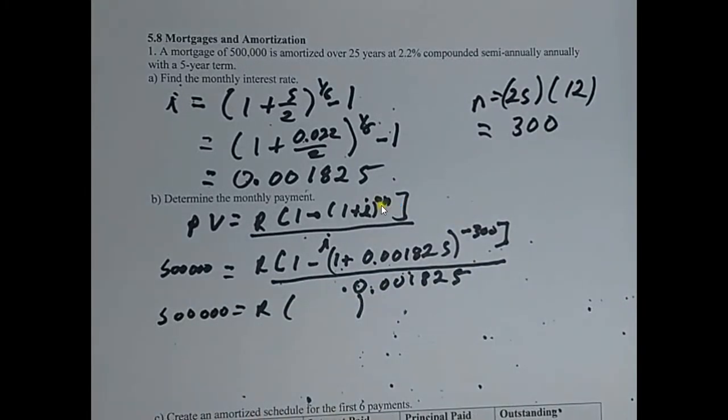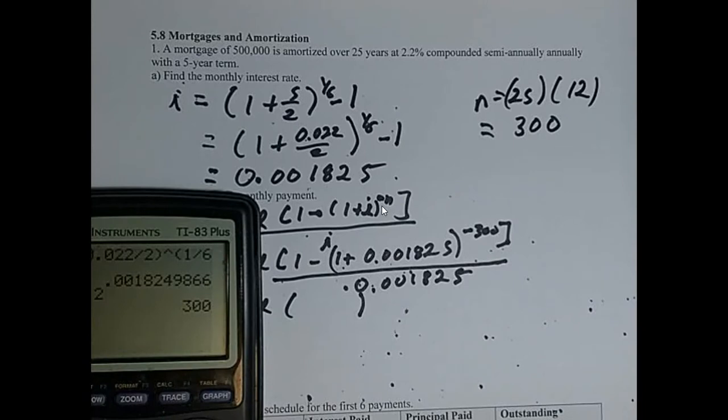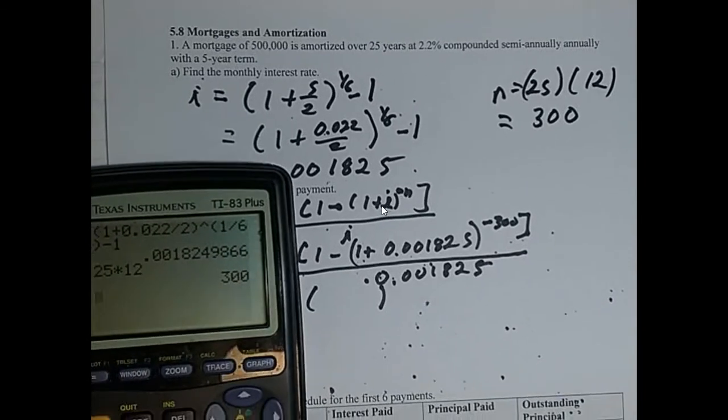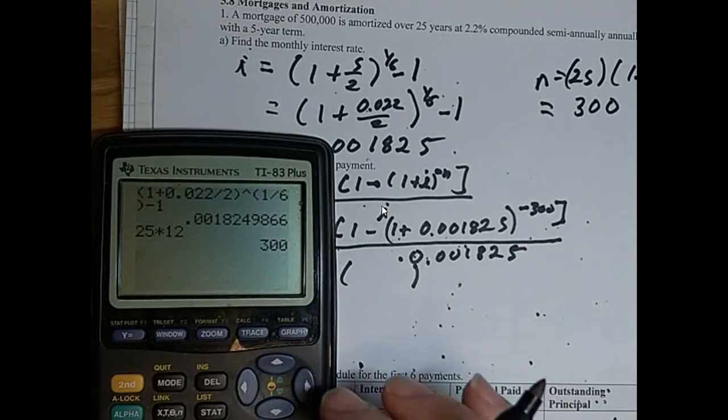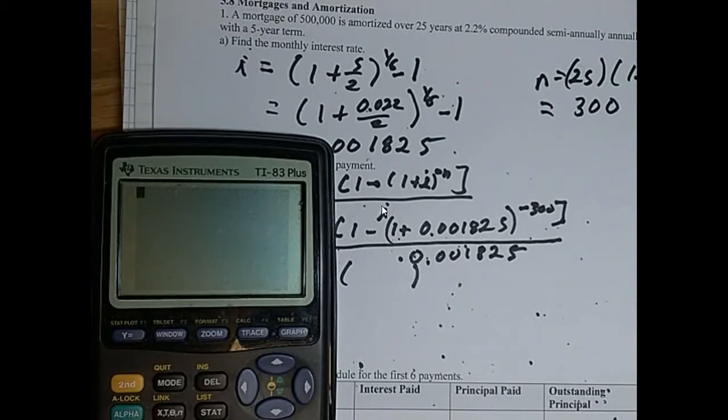So we're going to figure out what that is in the bracket. We put all this into the calculator: bracket 1 minus bracket 1 plus 0.001825, close the bracket, to the exponent negative 300, close the bracket, divided by 0.001825.